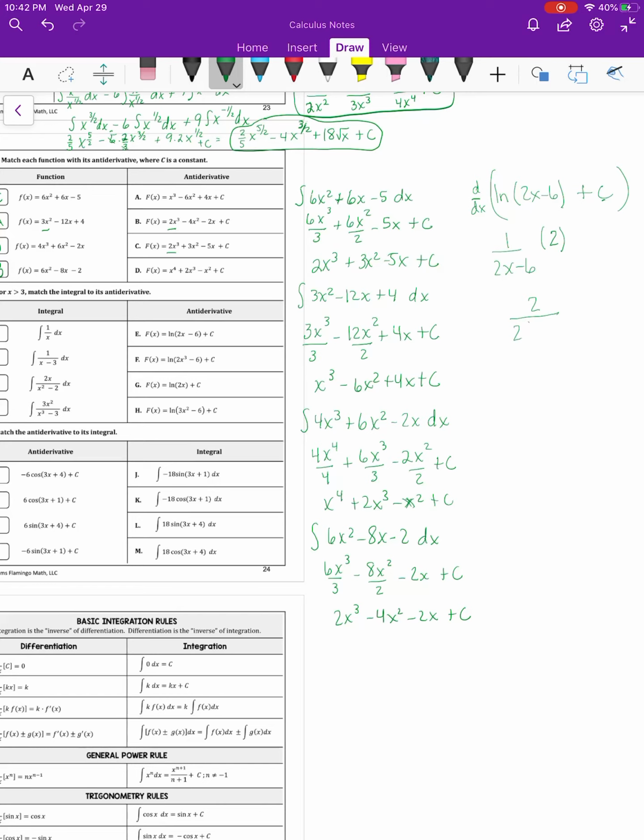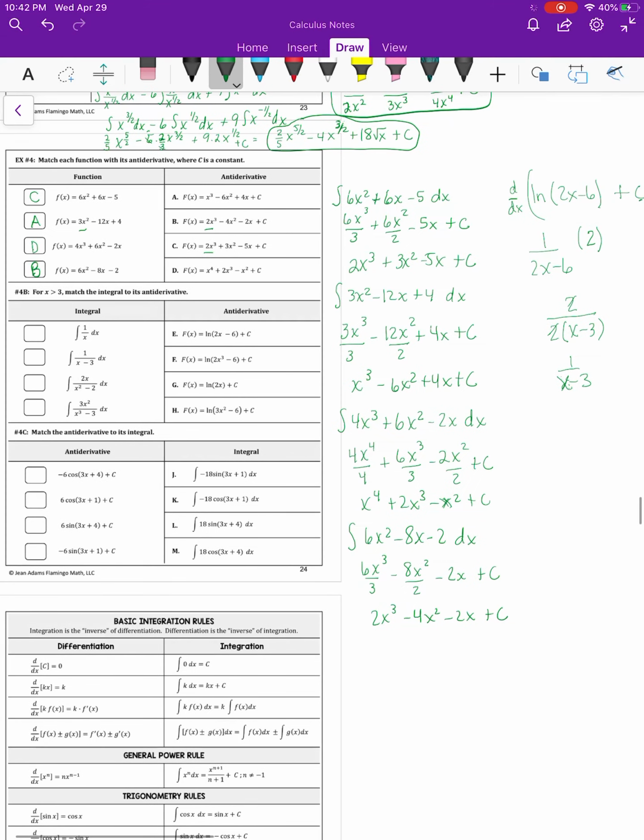That would be 2, and the derivative of the constant is 0. Well, I end up with 2 over 2x minus 6. I'm going to factor a 2 out so I can cancel it. So this is going to leave me with 1 over x minus 3. So letter E goes right there, because that was my derivative.